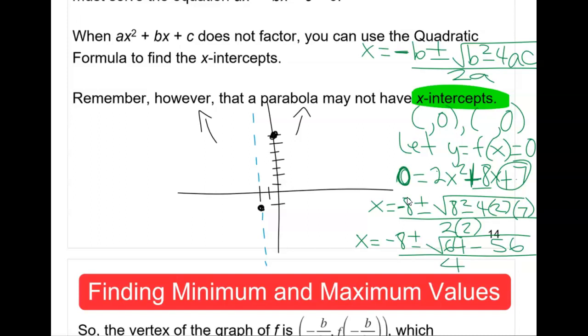Okay, so 64 minus 56 is equal to 8. So now we have x is equal to negative 8 plus minus the square root of 8, and then divided by 4.